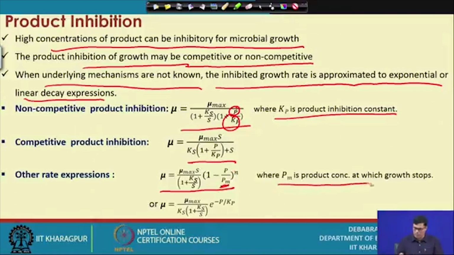Pm is the maximum product concentration at which the growth stops, when no growth takes place. This can be modified in this form. So three different types of models, we have different types of equations we can use to describe the product inhibition.